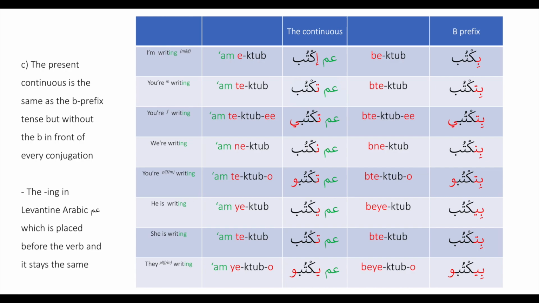For example, if you've got a middle weak verb such as al, and al is a middle weak verb rooted. When you say I'm saying, am ul, am t'ul, and so on. However, previously, as I mentioned, and probably lots of you do know, I do conjugate verbs on a weekly basis to help you to practice.